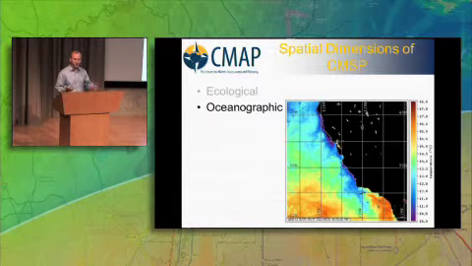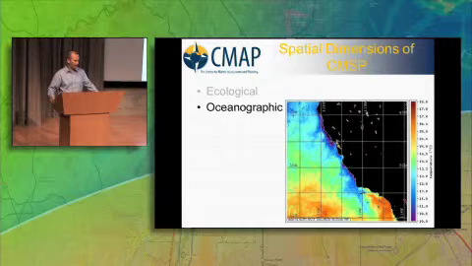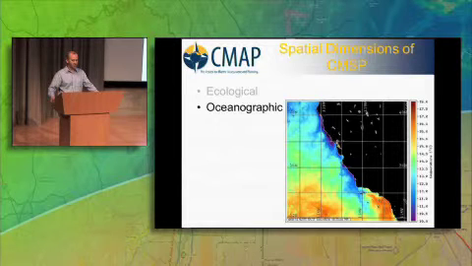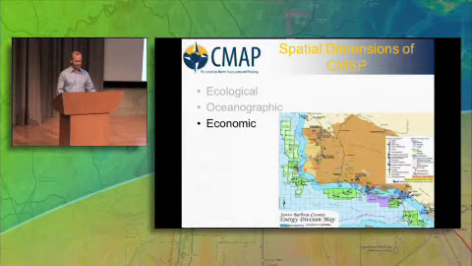And of course, where those species are and how productive they are is heavily influenced by oceanographic processes, which are very spatial and dynamic. So we need information spatially on how those processes are influencing the ecological processes and how spatial planning can account for those patterns.